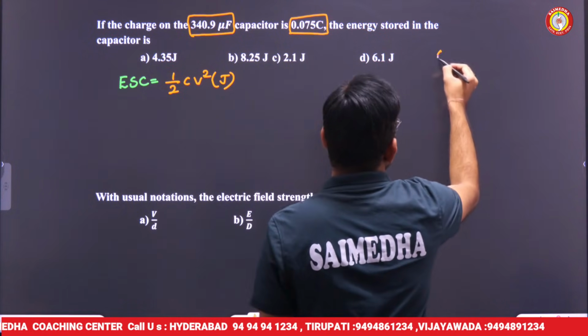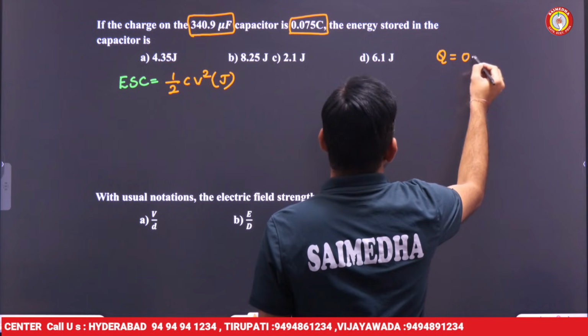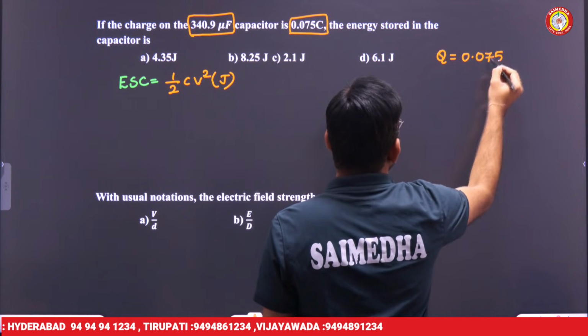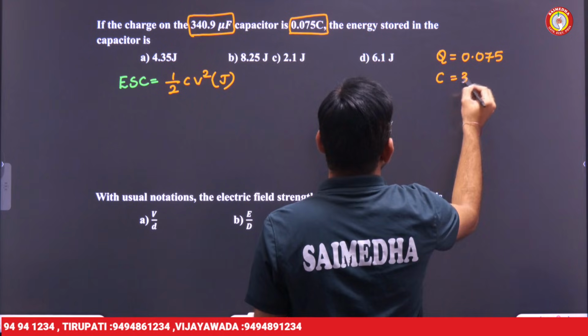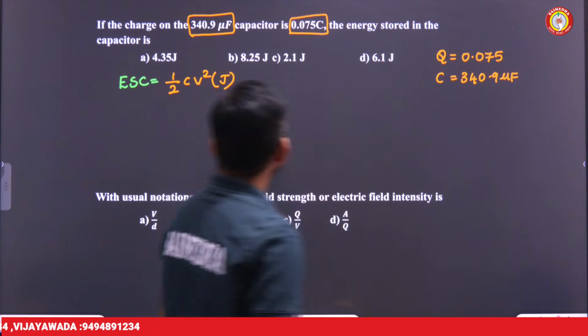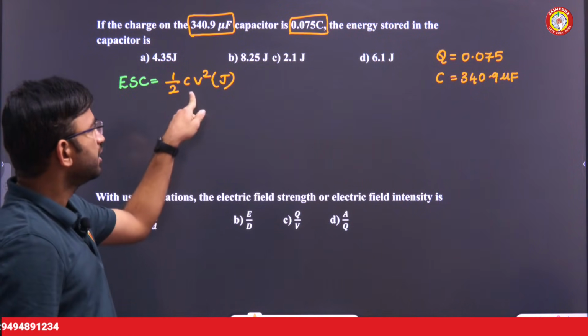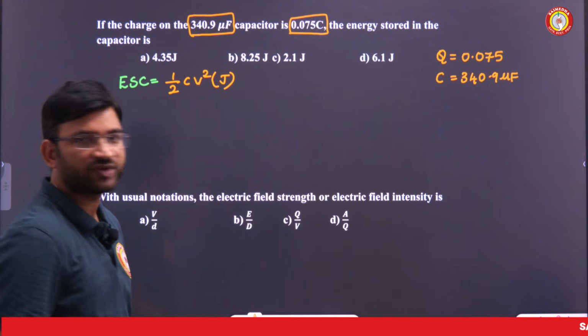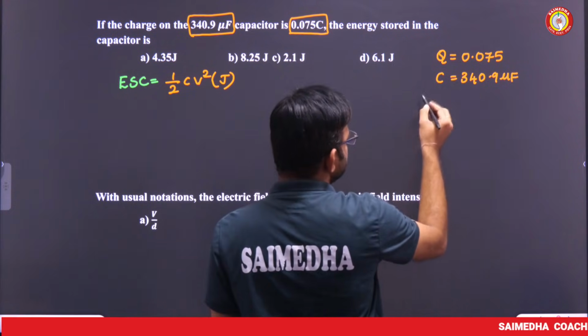So charge Q equals 0.075 and the capacitance value is 340.9 microfarad. In order to substitute in this formula, you need to know the value of V. First find the value of V from this expression.